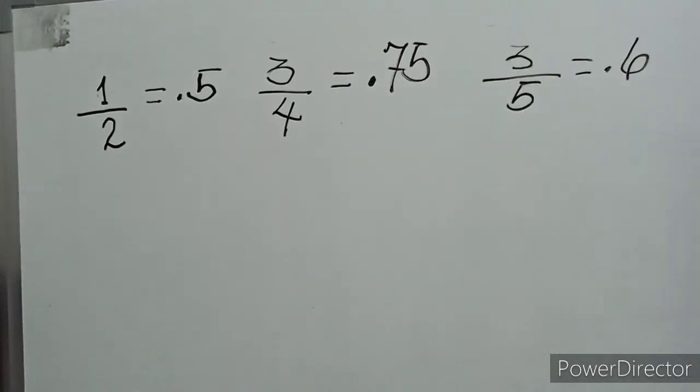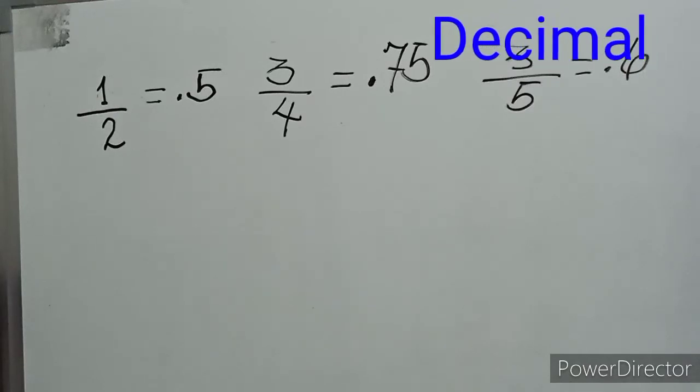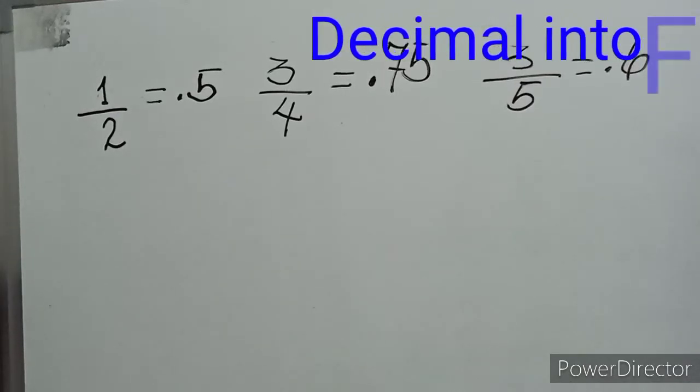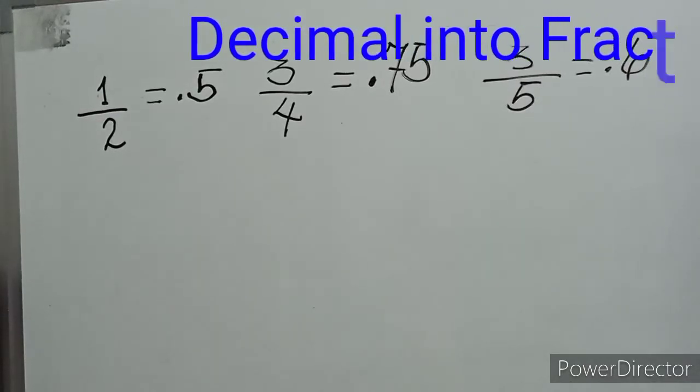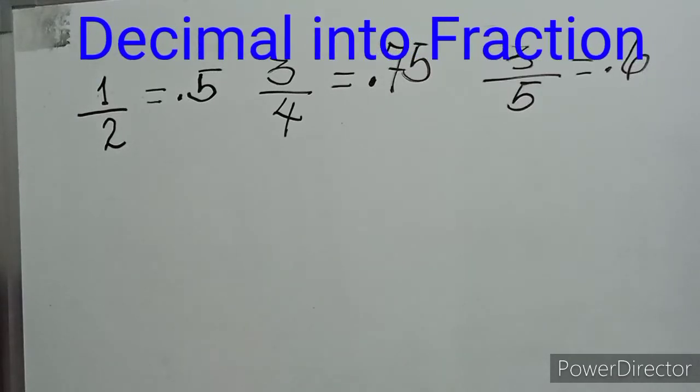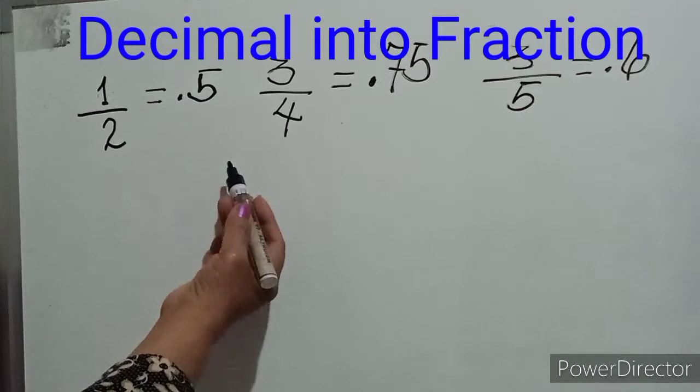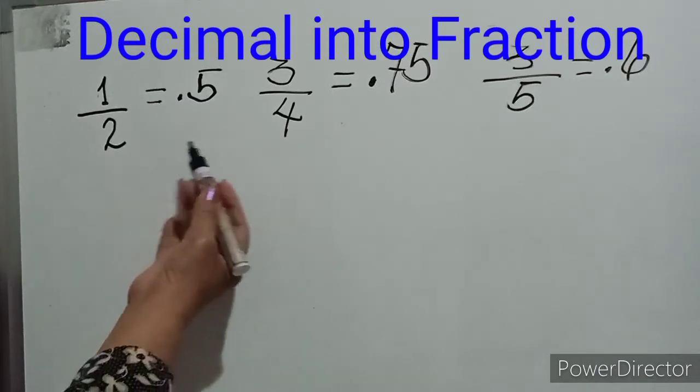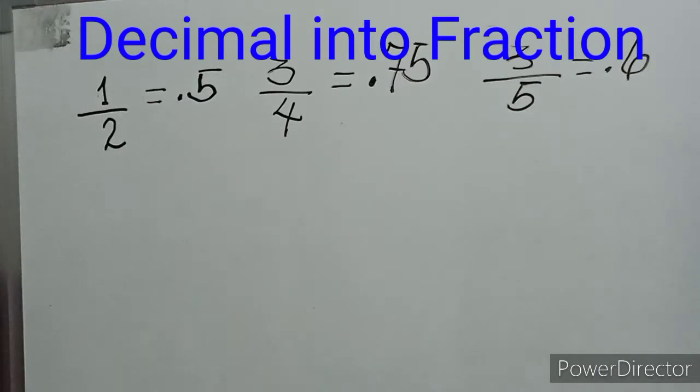So after looking at the process on how to change a fraction into a decimal number, this time let's try to see how we can bring back our decimal numbers into their fractional form. So let's take the same examples given. 1/2 is equal to 0.5.